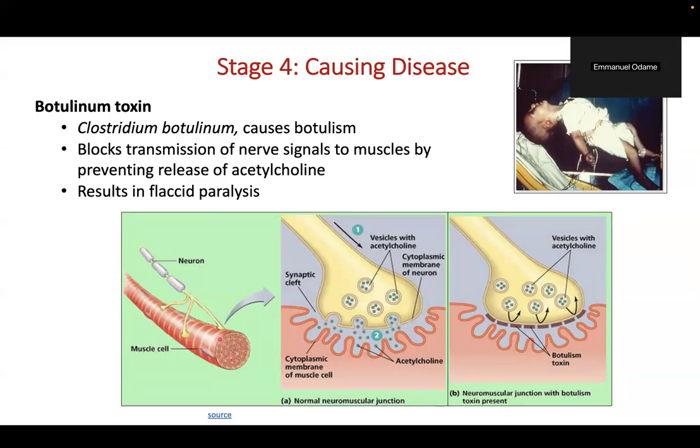So here is your muscle cell, then you have your neurons present. The neurons have to secrete acetylcholine to the muscle cells and then instruct your muscles to move, right? Trigger muscle movement. And then you have the bacteria release a toxin, and the toxin goes in there and just blocks the release. And then it will result in you having a flaccid paralysis.